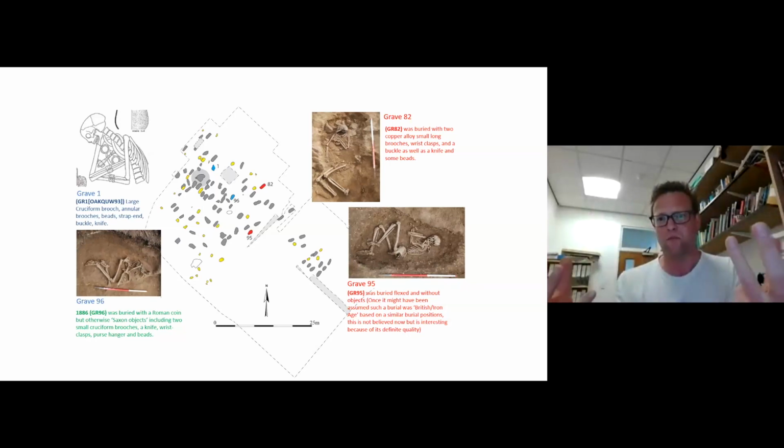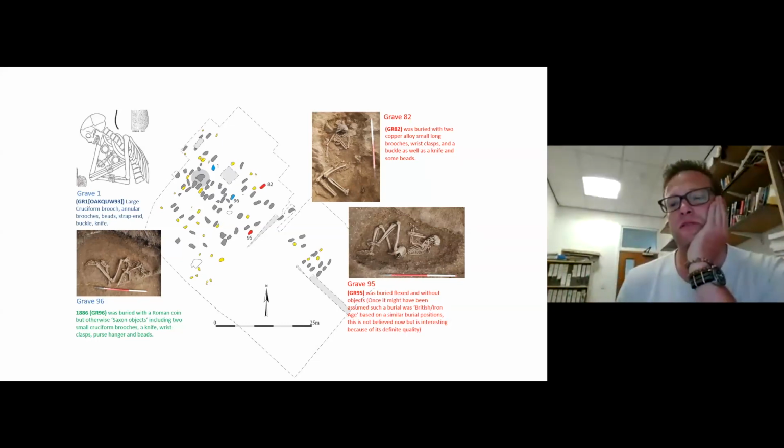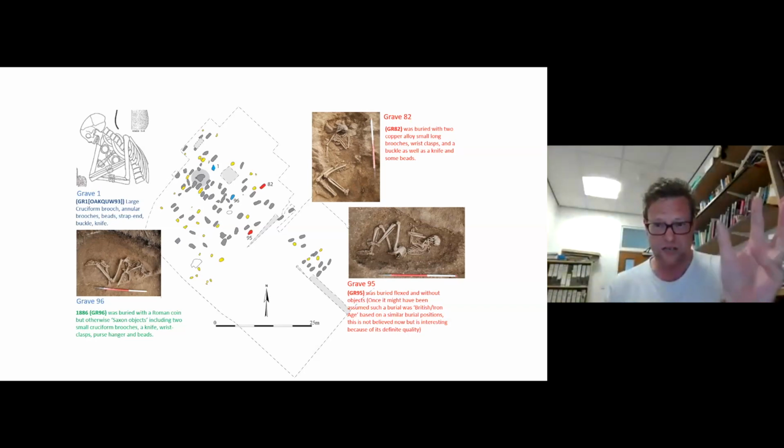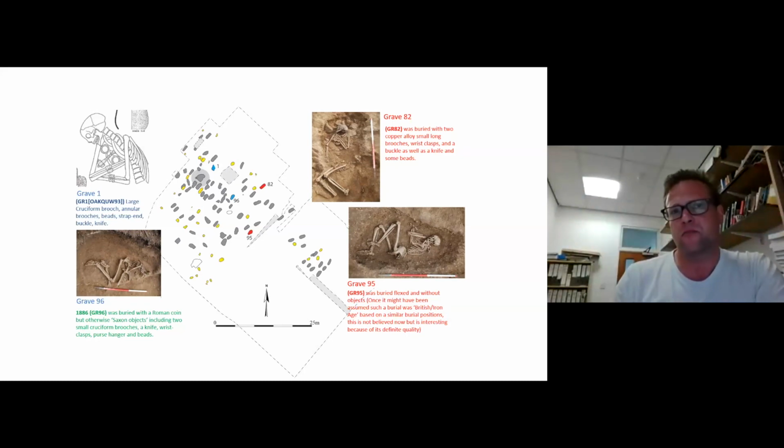Four of them came up with really, really good genetics. 95% of the nuclear DNA was able to be sequenced, so they pursued that. This is still quite early days in next generation sequencing, so they focused their time and energy on getting as much information as they could from those four. As it turned out, all four were women. Burials number 1, 69, 82, and 95 across the cemetery.